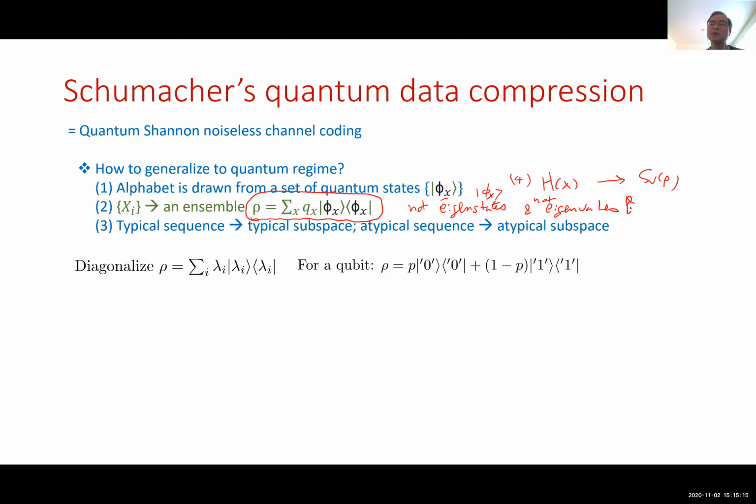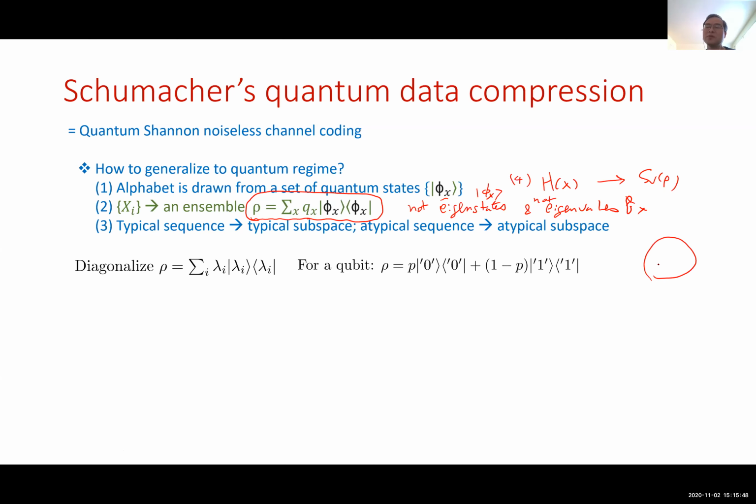I'll give you an example later, but it's natural that you work in the eigenbasis. So I diagonalize rho and have some eigenvalues and eigenvectors associated with that. I will use the same symbol, lambda i. So for example, if you have a qubit, you diagonalize that. There's some eigenvalue and eigenstate and some probability.